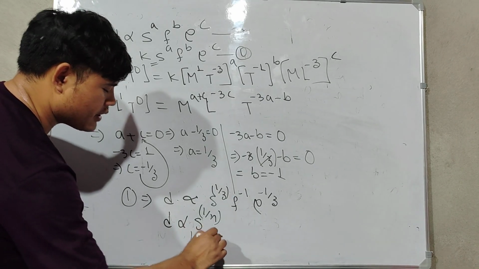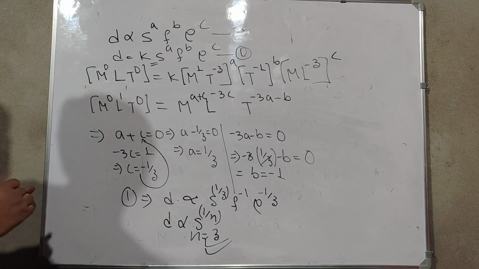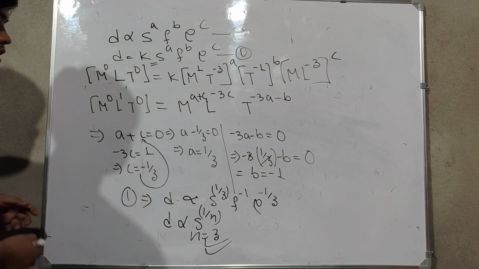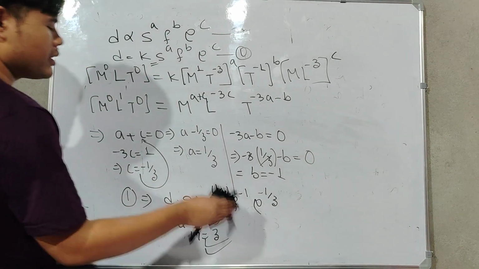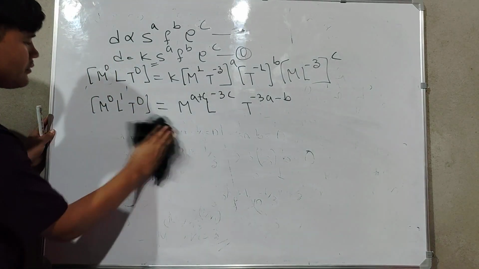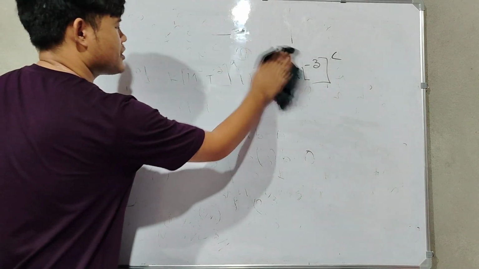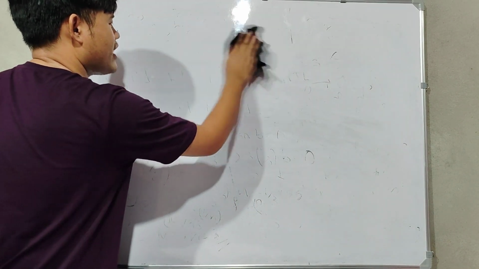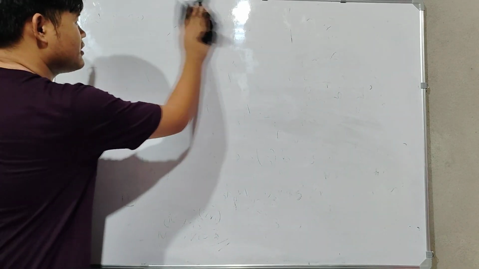N is equal to 3. Okay, so N is equal to 3 is the correct option, the first option, yes. Now see what are the limitations of dimensions.